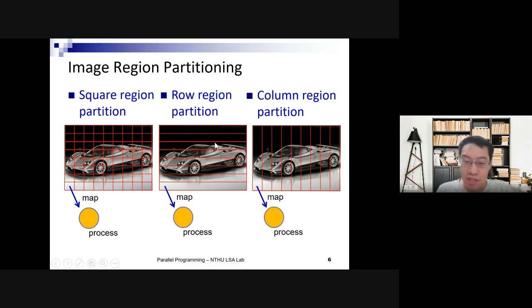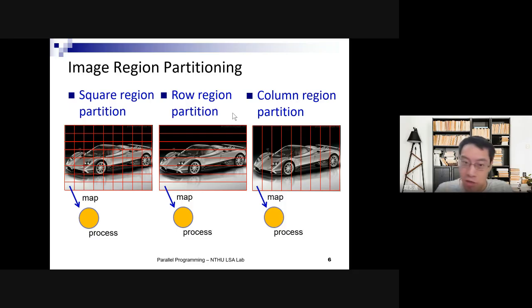And sometimes the computation workload or computation time for each partition may still be different. Because like the application you will see in homework 2, each pixel may demand a different amount of computation workload. So in that case, how you partition will affect the load balancing results.